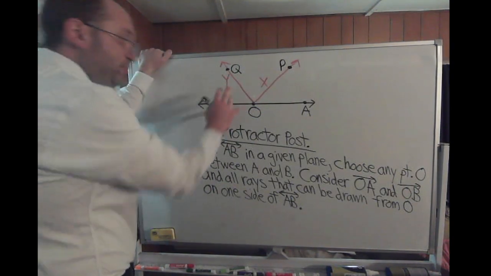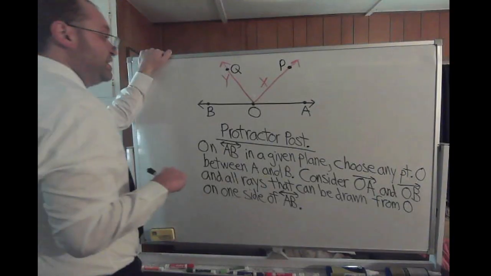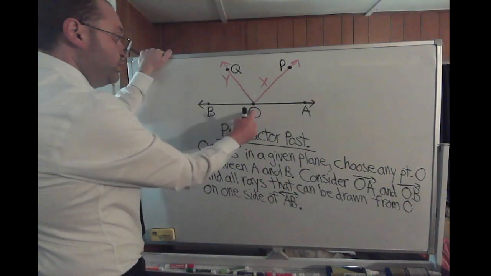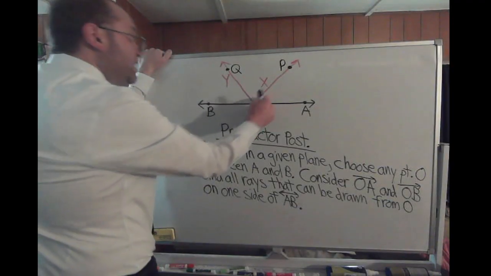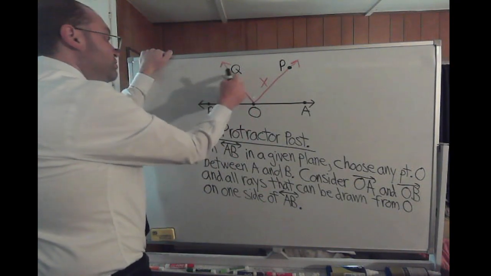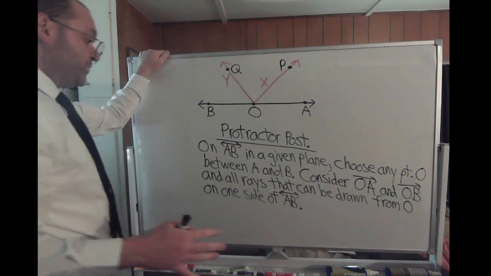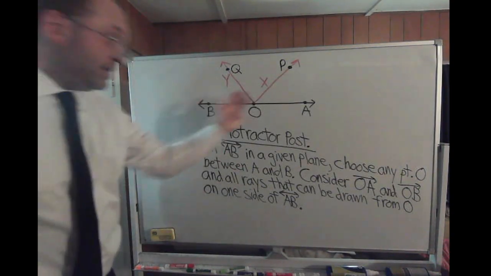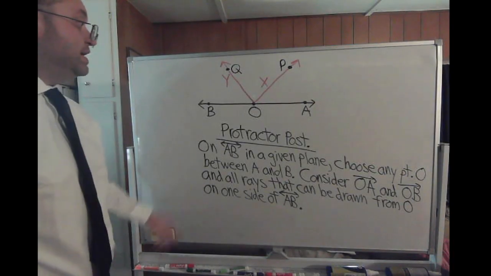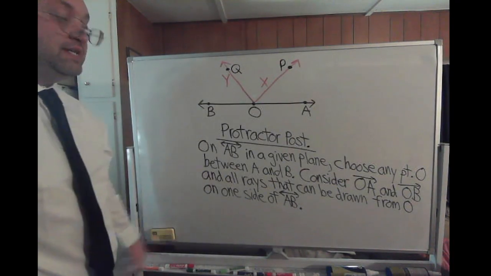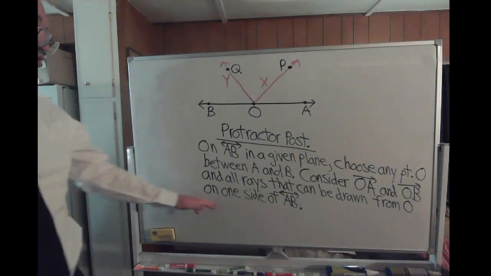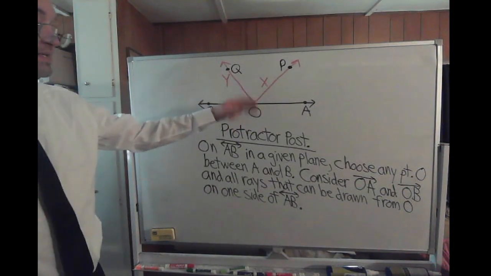We'll deal with the angle measure in a second, but we're going to consider all rays that can be drawn from point O, which we have ray OP right here, and we have ray OQ right here. I can actually draw infinitely more rays if I wanted to, but I don't see a need to do that. We're only talking about two more in particular. But they're drawn on one side of AB, as it says.